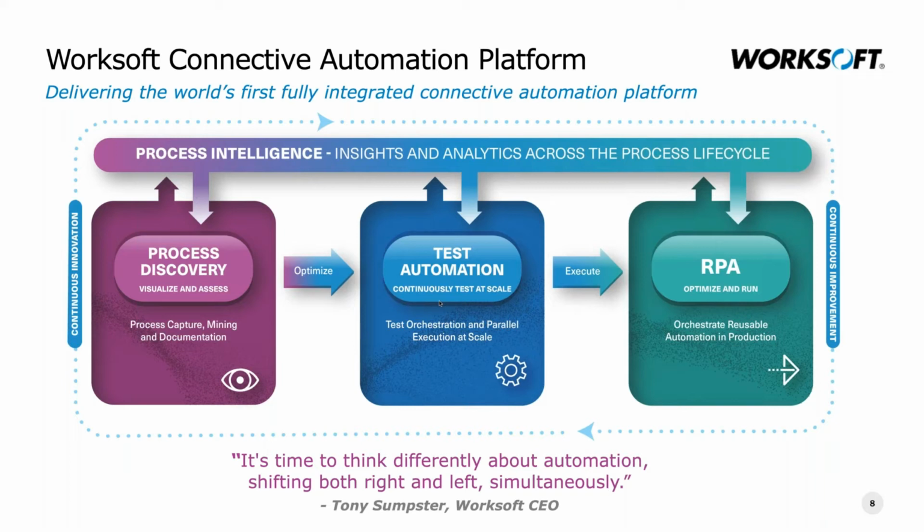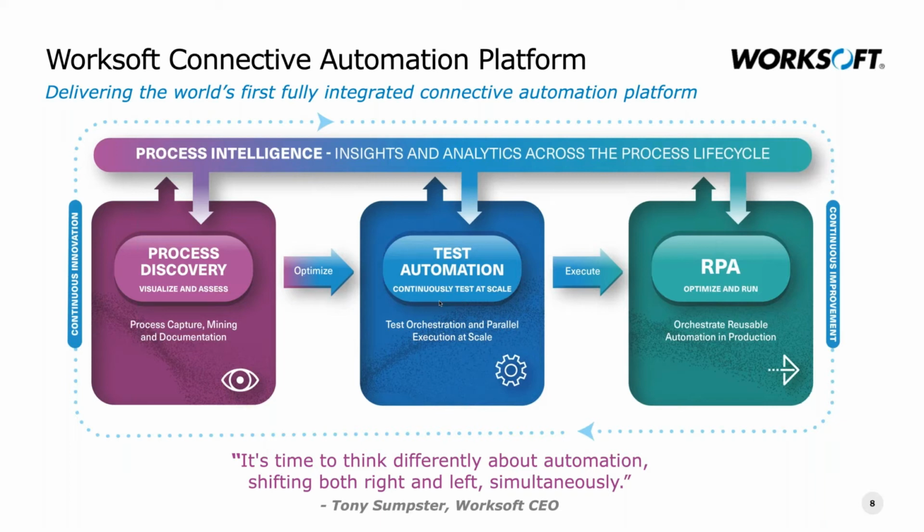Once you do that, you can then feed the automation directly into test automation, which makes sure that the automation and the processes are working as you design them. And then once you've done that, you can take parts of that test automation and use that in production for RPA to actually eliminate manual tasks, or to construct more intelligent ways of optimizing your business processes through automation.